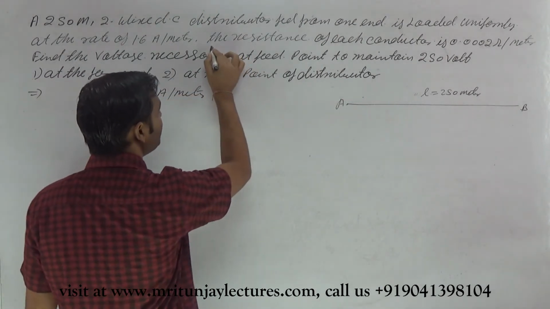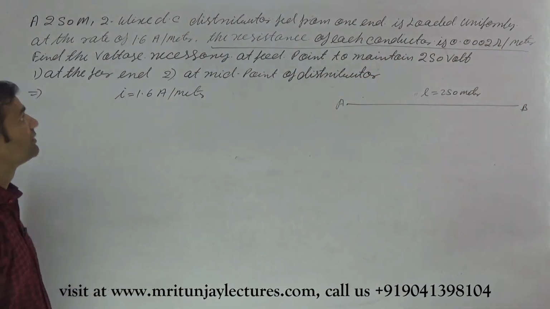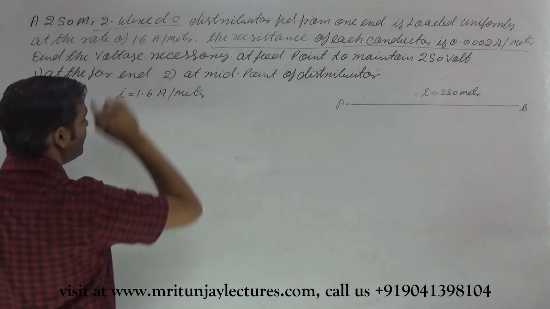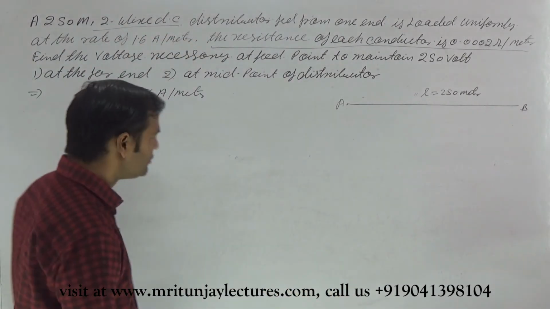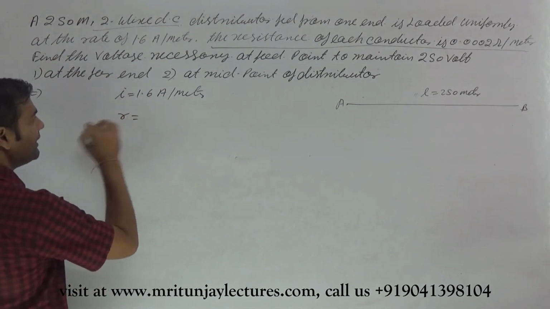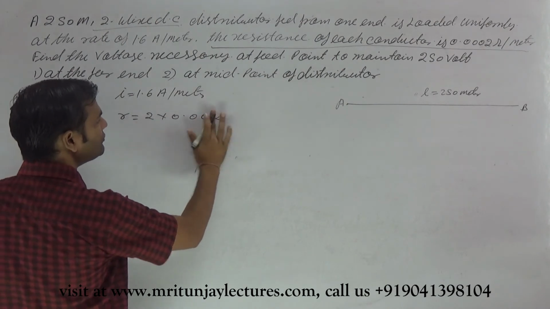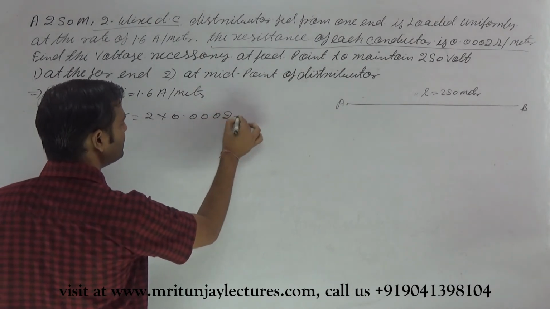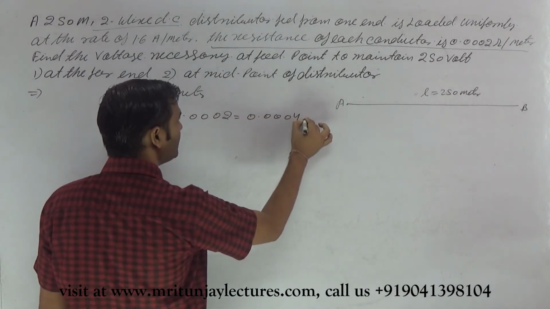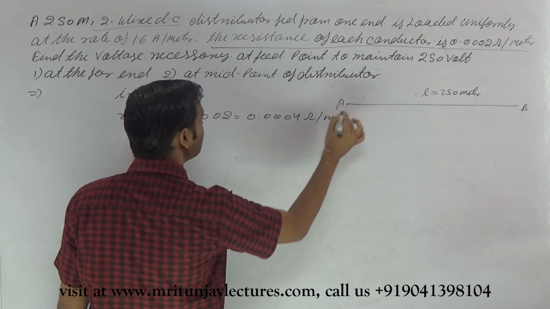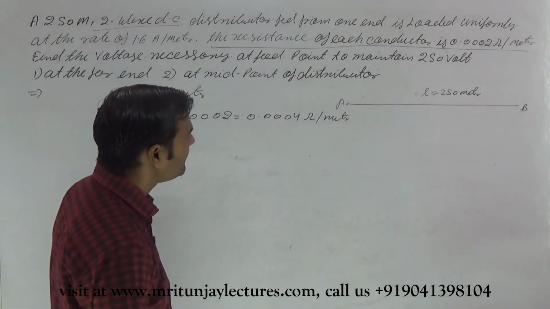The resistance of each conductor is given, but our motto is to work with the two wires, so r is 2 into 0.0002, that is 0.0004 ohm per meter.